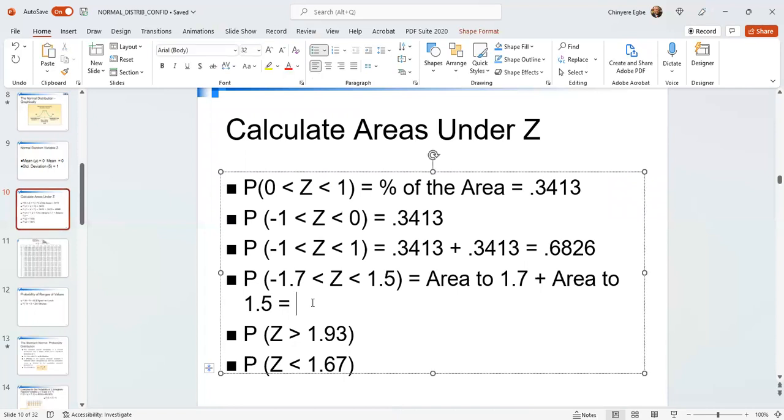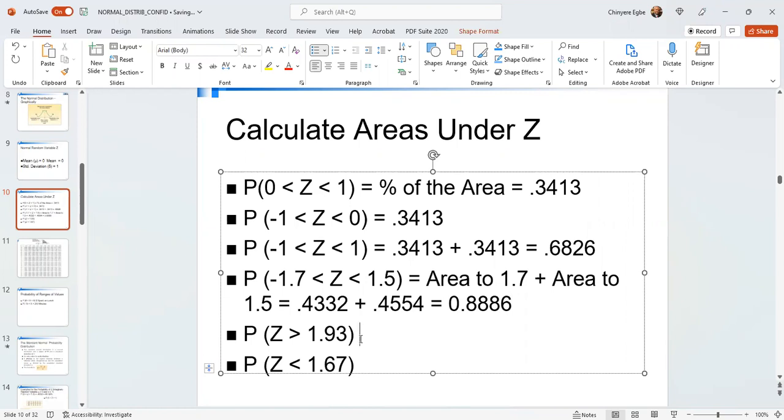Okay, which is 0.4332 plus 0.4554, and that gives you 0.8886. All right.